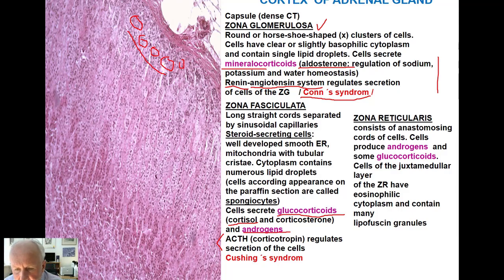Here is the name of another gentleman. This was an American doctor, Mr. Harvey Cushing, who described in the year 1932 this disease, Cushing syndrome, and that means once more a higher level of cortisol in the blood. That means when you have a higher level of this cortisol, you have hyperglycemia in your blood, a higher level of glucose in your blood, hyperglycemia.